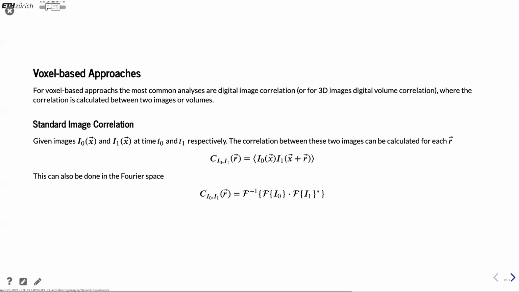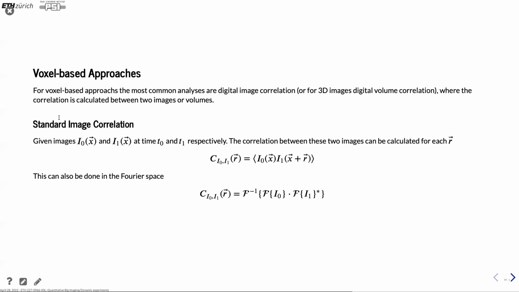A different way of identifying the flow and the displacement is to use cross-correlation, where we compute the cross-correlation between the image at time 0 and the image at time 1. That can also be done with some displacement to check around in the neighborhood.